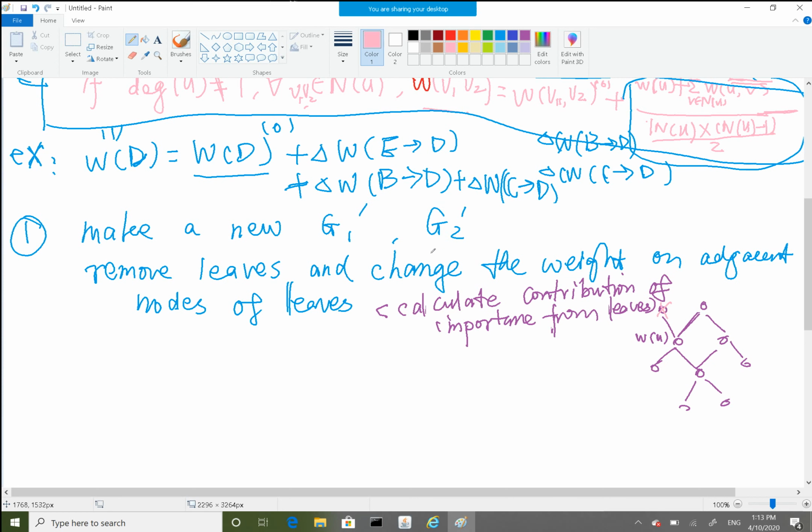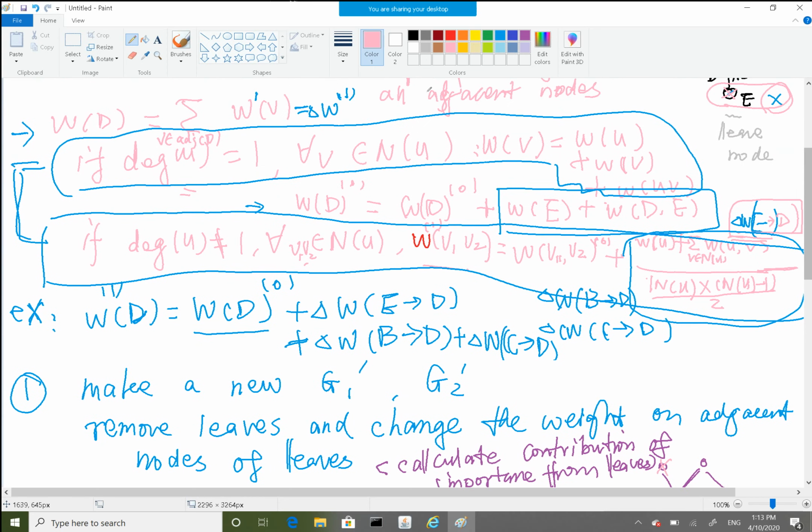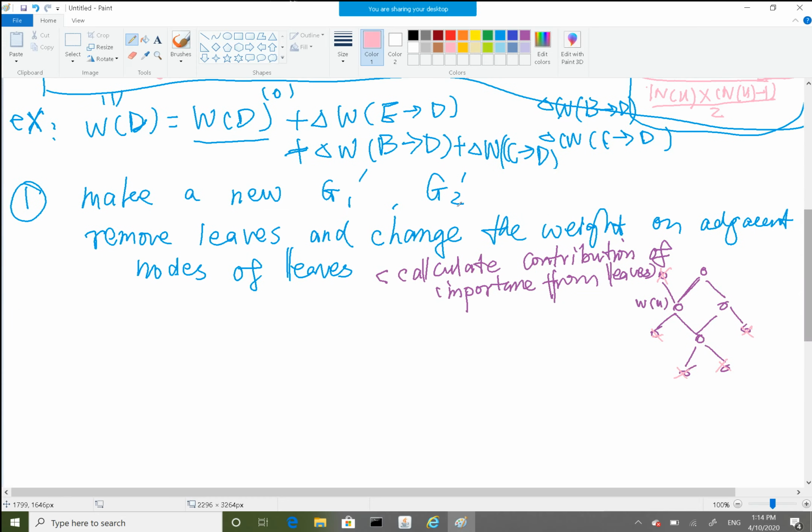We delete leaves, right? Leaves are nodes that only connect with one node but do not go to the next one, only having degree one, right? You delete this one by using the function we talked about here. So you change this weight. This is U1, this is U2, right? You change this weight because this is adjacent to the leaves, right? You change this one.